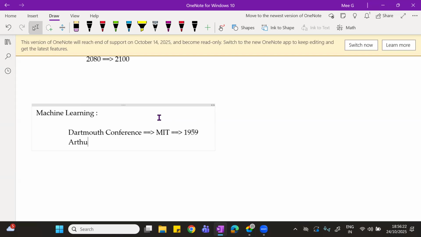And this was done by the author Samuel, and he is the one who coined the term machine learning.